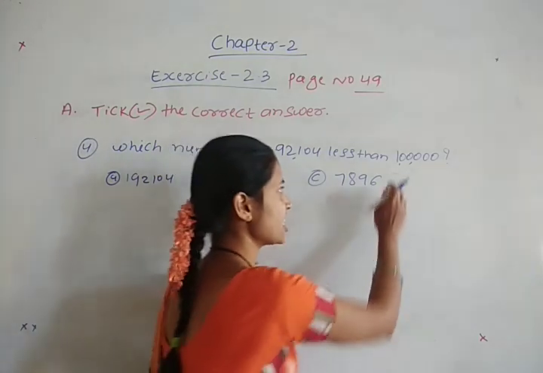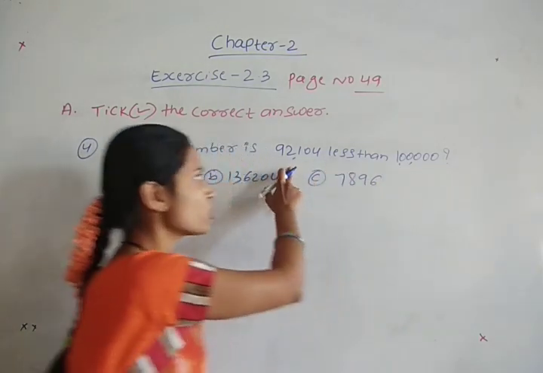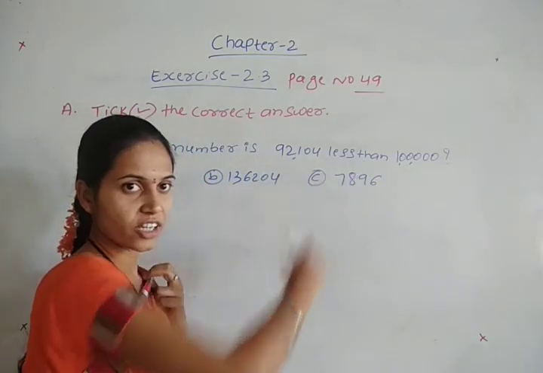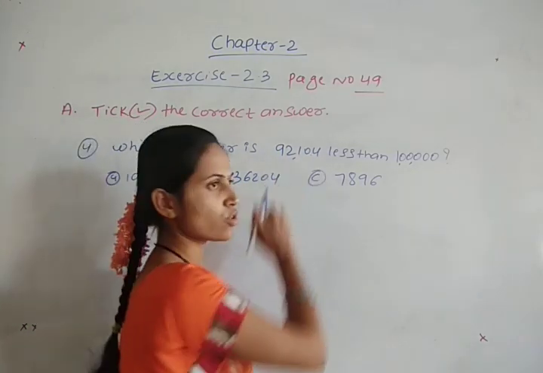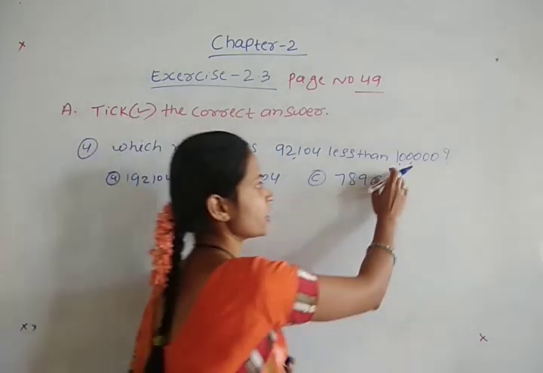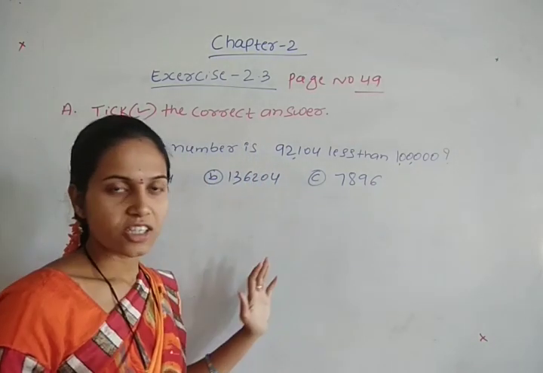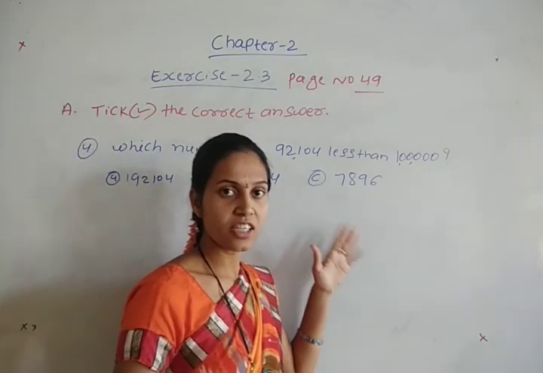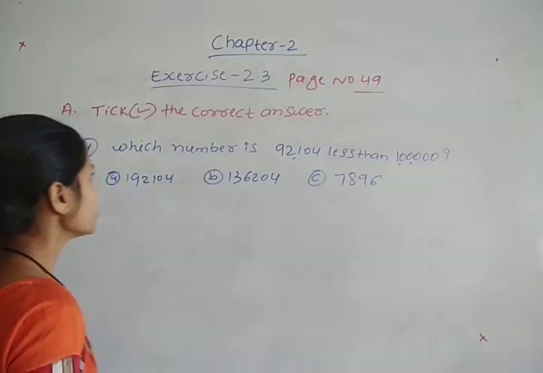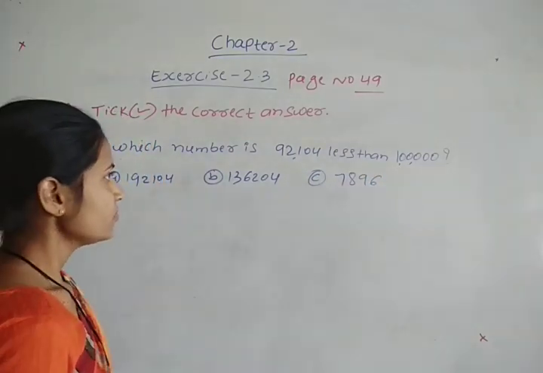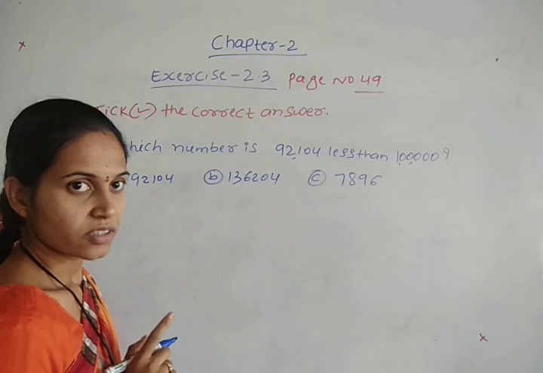Here 1 lakh is bigger and 92,104 is smaller than that. So I will subtract 92,104 from 1 lakh, and the difference, the result we get after subtraction, will be your answer.